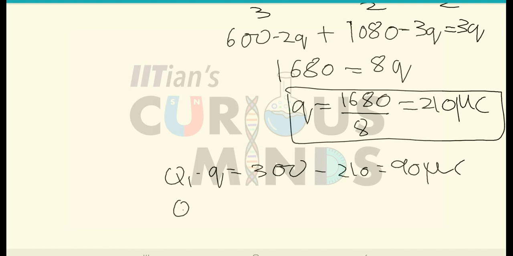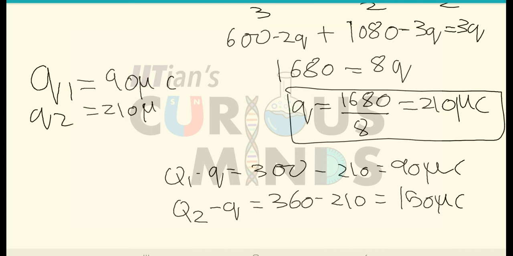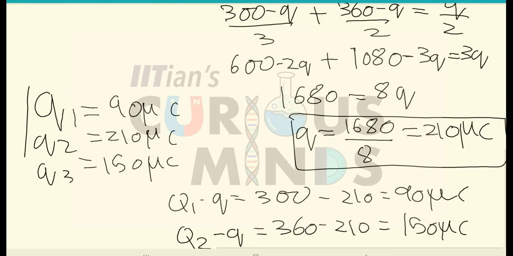The charge developed on the second capacitor is equal to Q2 minus Q, which will be equal to 360 minus 210, which is equal to 150 microcoulomb. So finally, the charge developed on the first is 90 microcoulomb, on the second 150 microcoulomb, and on the third 210 microcoulomb. These are the final charges developed.